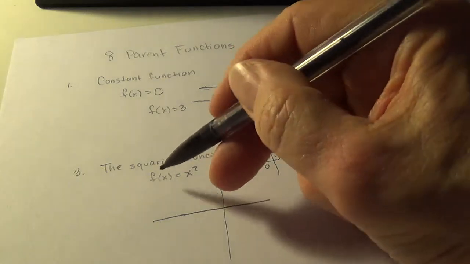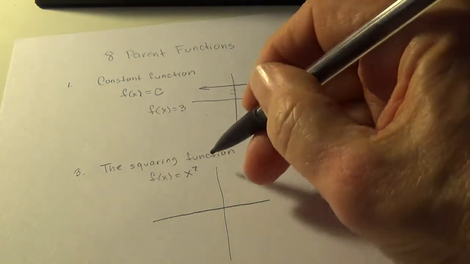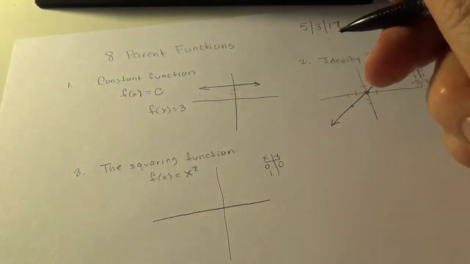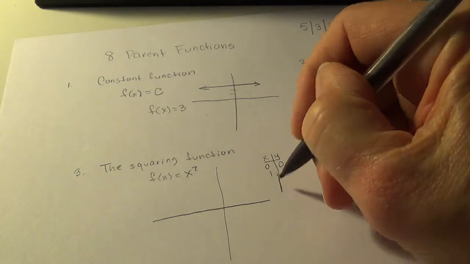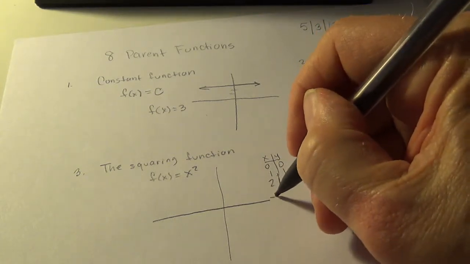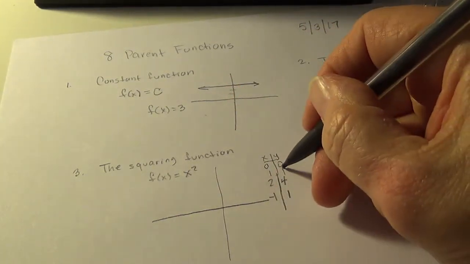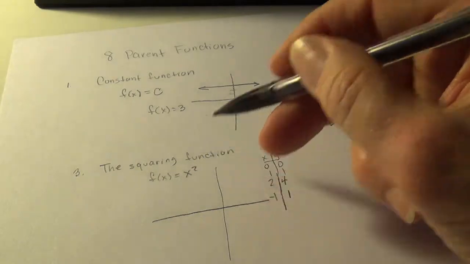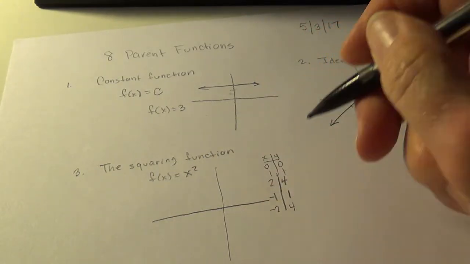When x is 0, y is 0 squared. When x is 1, y is 1 squared. When x is 2, y is 2 squared. When x is -1, we put the -1 in and square it, you also get 1. And when x is -2, we get +4.